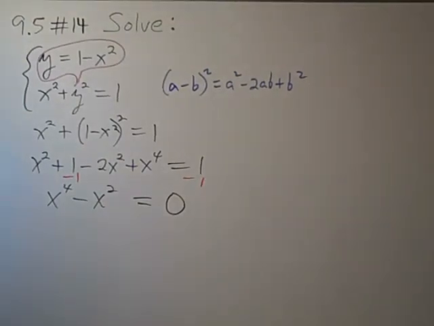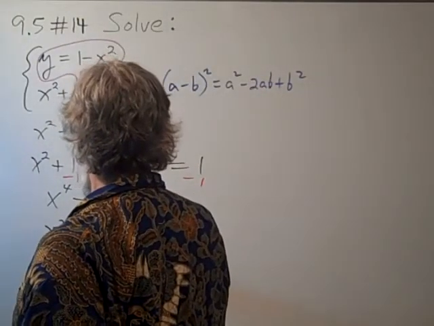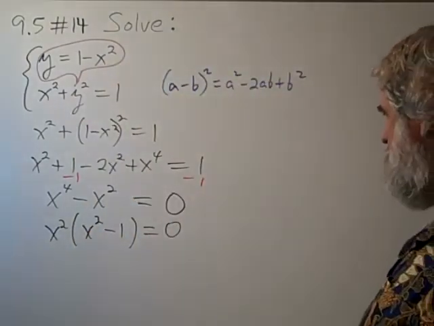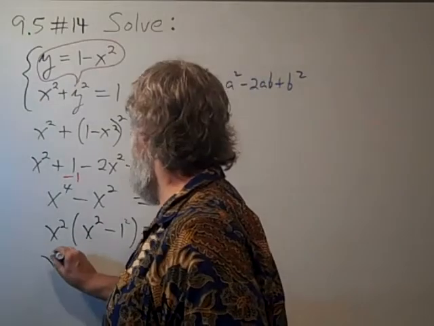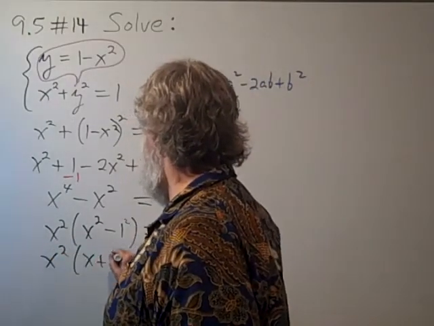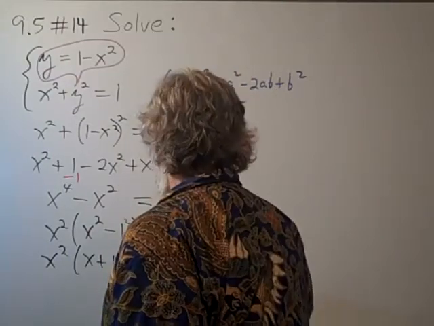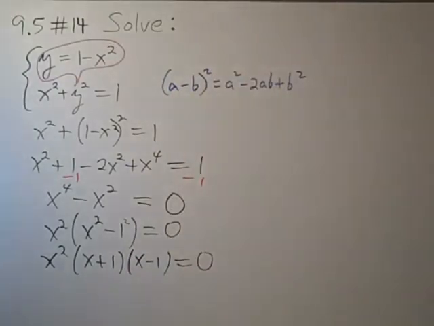I can now factor an x squared out of both terms. And then x squared minus 1 is the difference of squares. So that's x plus 1 times x minus 1 equaling 0.